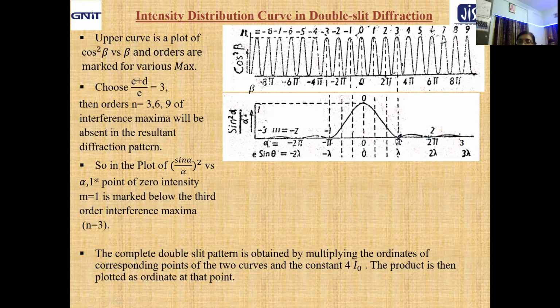With first order minima, third order interference maxima is superposing. Similarly, this side also. Next, with second order diffraction minima, sixth order interference maxima is superposing. Similarly, on this side, the sixth order interference maxima superposing as per the choice of the missing order condition.